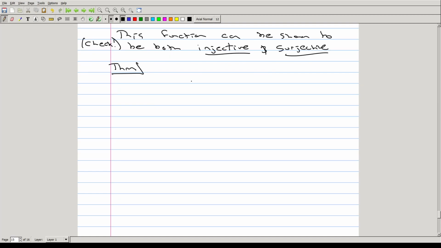And the theorem that we can show here is that the open interval from 0 to 1 is an uncountable set. And the proof that we're going to use is a proof by contradiction.